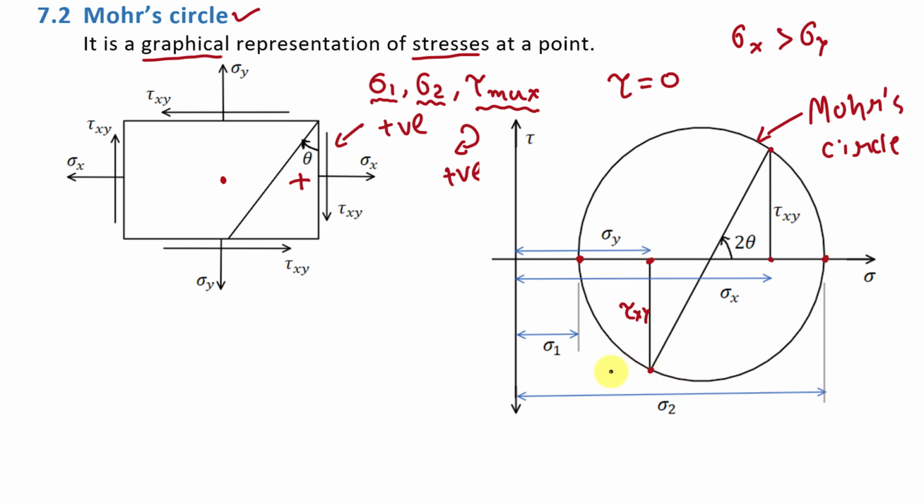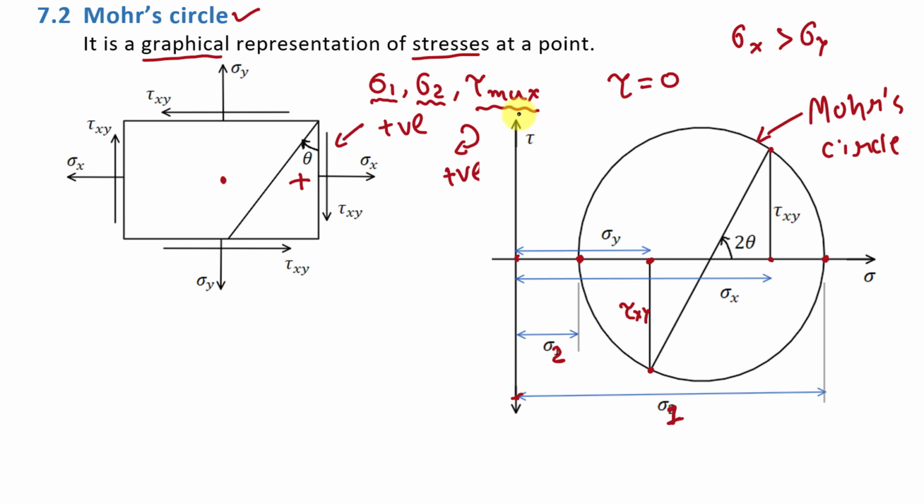So here this distance from this point to this point will be maximum principal stress, that is sigma 1, and from this point to this point this distance shows minimum principal stress, that is sigma 2. So both these points show maximum and minimum principal stresses.